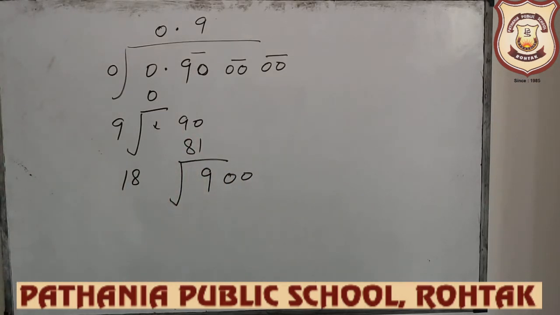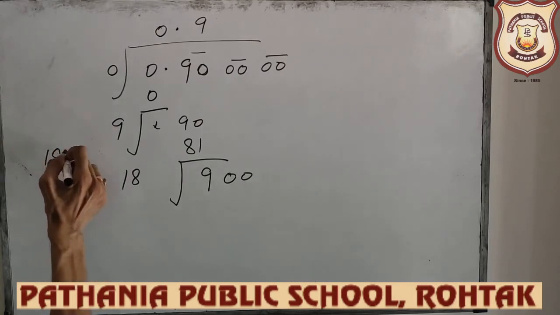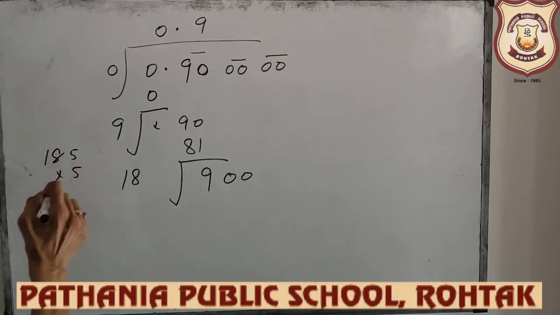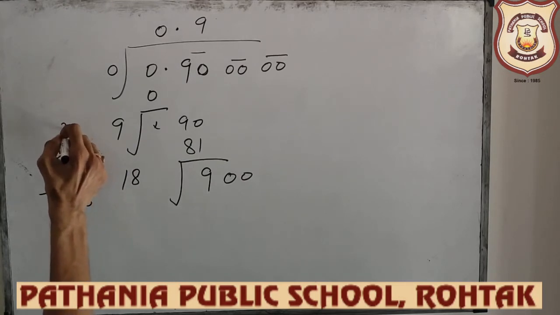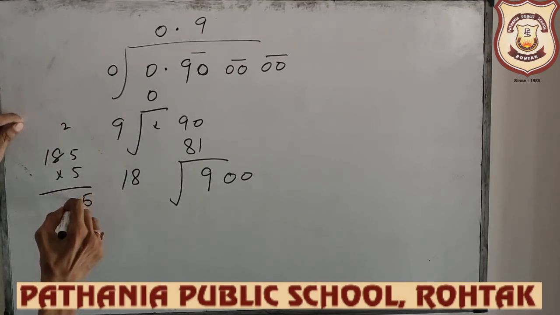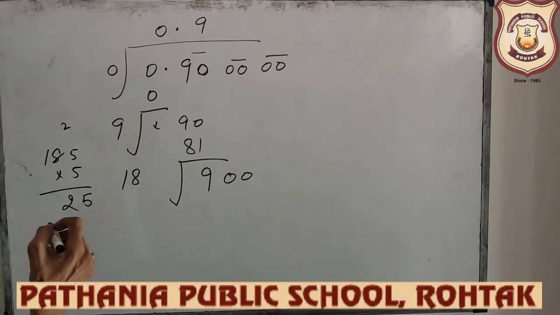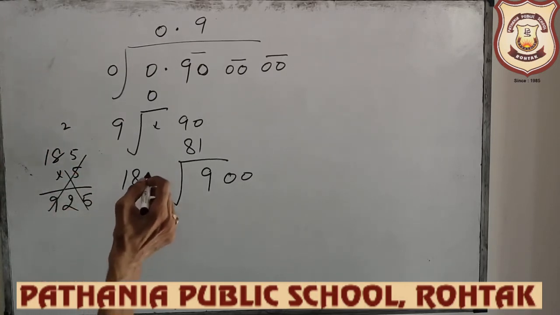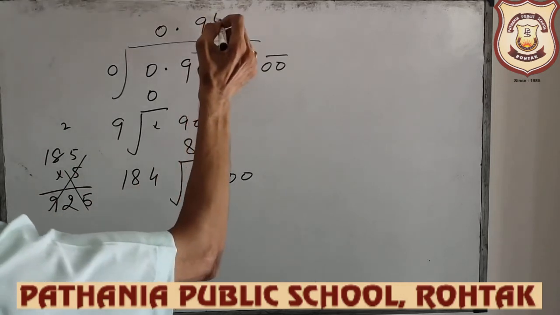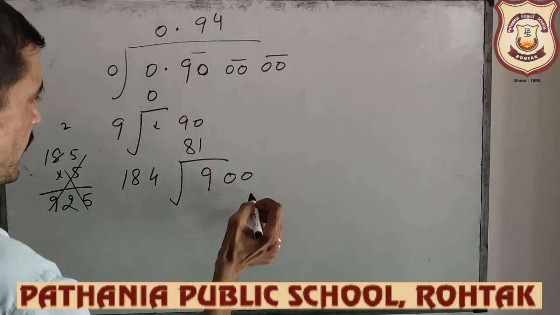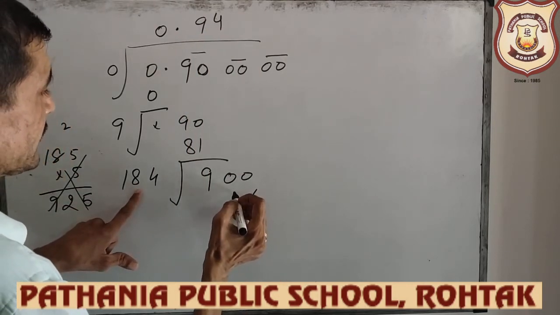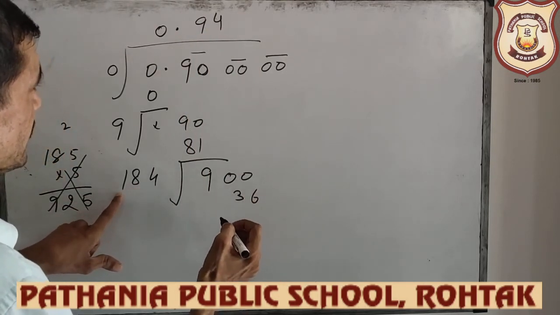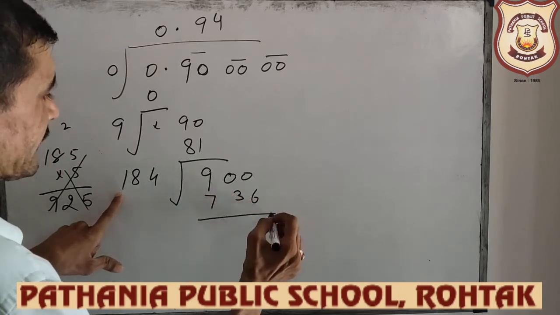So should we try at 5? 185 into 5. What is it? 5 5 is 25, 2 carry, 5 8 is 40 and 2, 42, and 5 1 is 5, 4, no, it is more than. So therefore we should try at 4. 4 4 is 16, 4 8 is 32 and 1, 33, 4 1 is 4 and 3, 7.